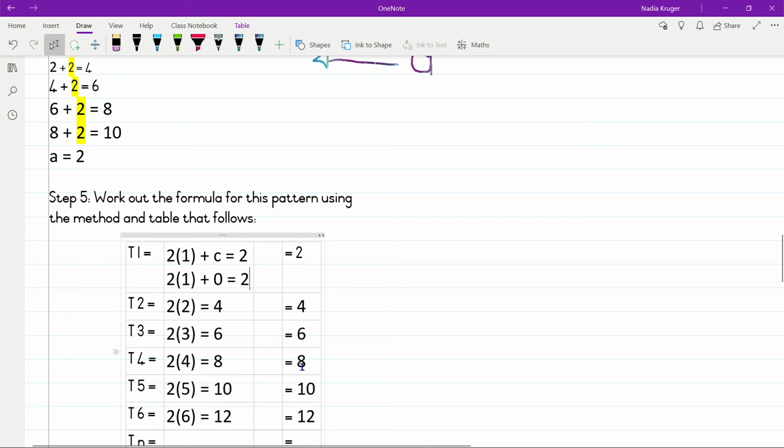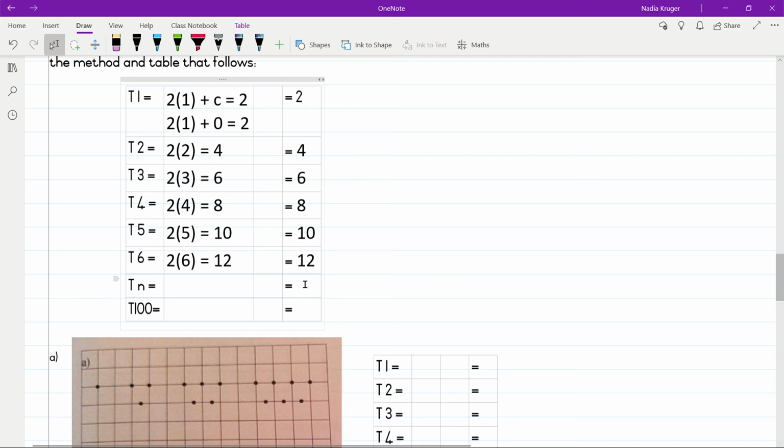To 6, to 8, to 10, and to 12. So we add 0, therefore we don't need to write it. So our general formula would just be 2n. And if we apply it to the 100th term, we say 2 times 100 will give us our final answer, which is 200.